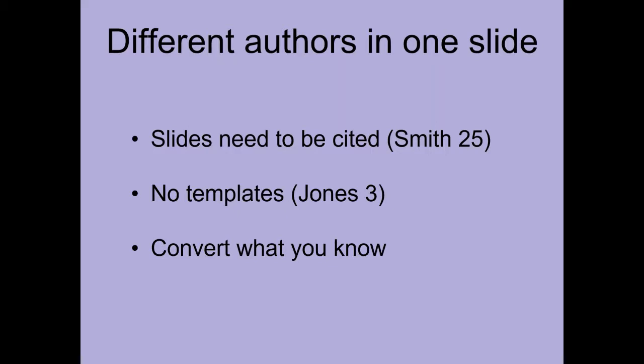However, you should also just convert what you know about the style of citation that is followed in your class. Some other common forms of citation might be APA or CSE, and you would follow what the citation looked like for in-text citation for whatever format you're using.